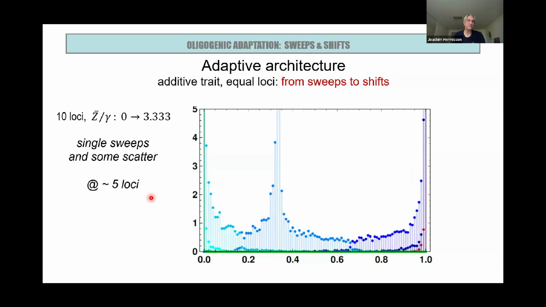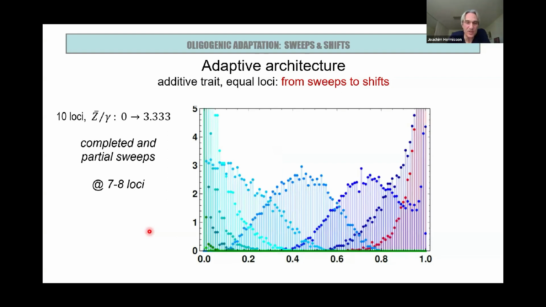However, for some other parameter values we get a picture like this. We still have 3 loci here, 1 locus here, and others here, but these peaks are no longer so sharp. We do get sweeps and some scatter, and more loci contribute to the whole thing. 3 here, a 4th one here, and if you look at this one here, this distribution also becomes visible. So we have about 5 loci that now contribute.